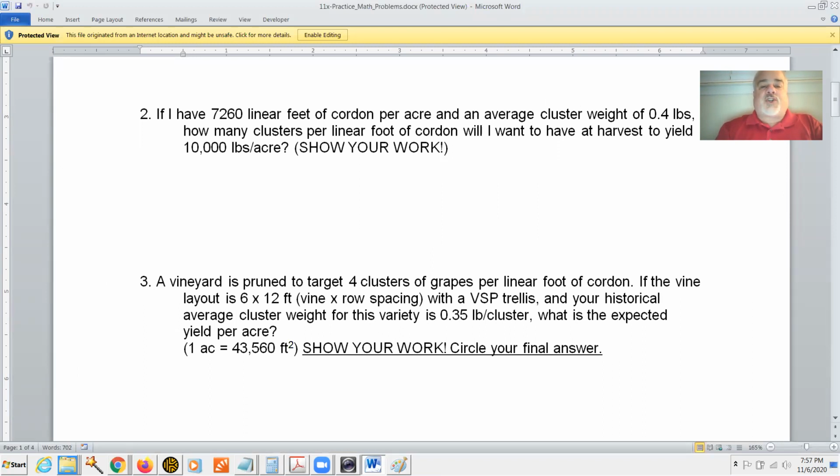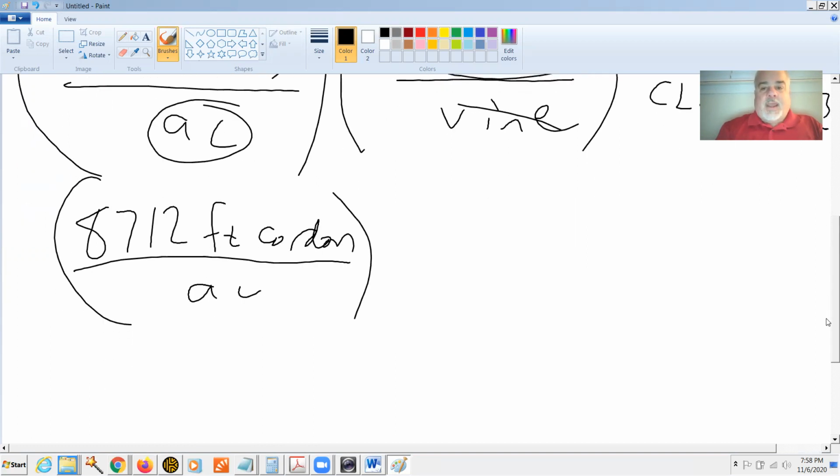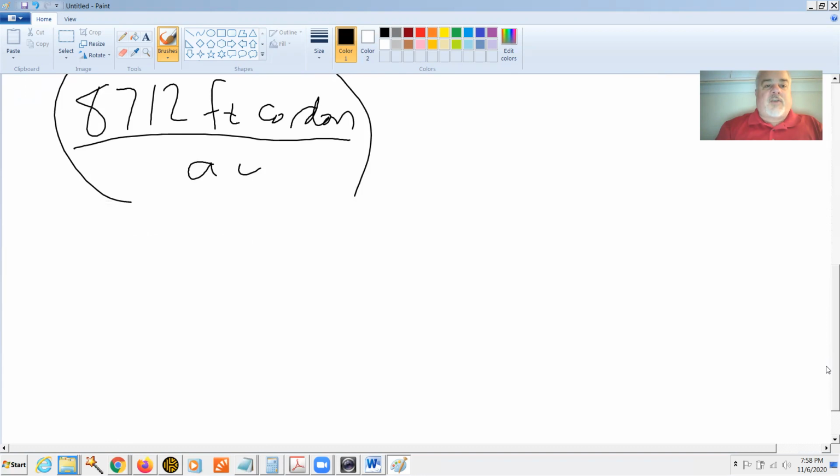How many clusters per linear foot of cordon will I want to have at harvest to yield 10,000 pounds per acre? Well, that's a lot of information. I know that I have 8,712 feet of cordon per acre. I know that I have 0.3 pounds per cluster.